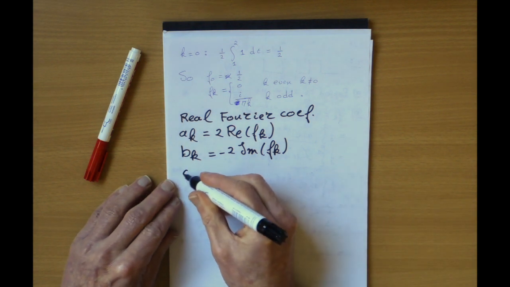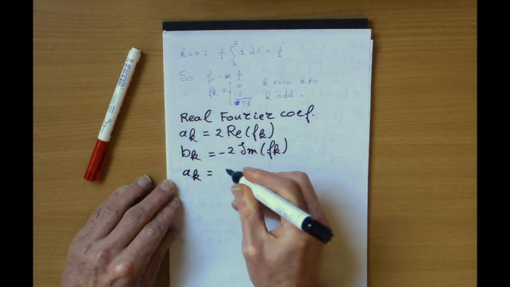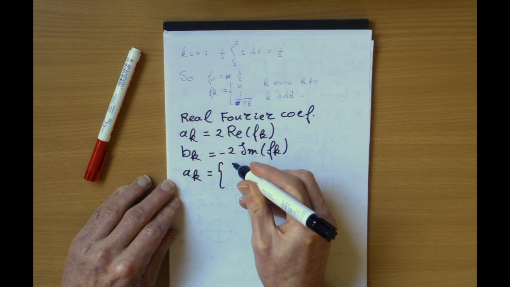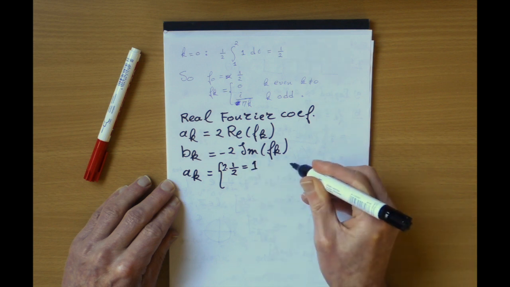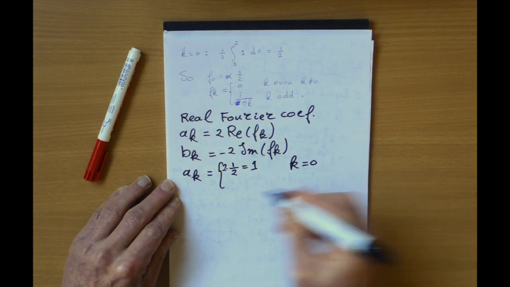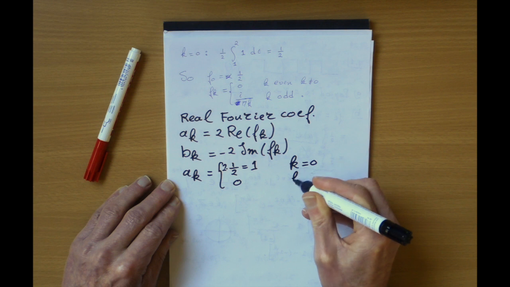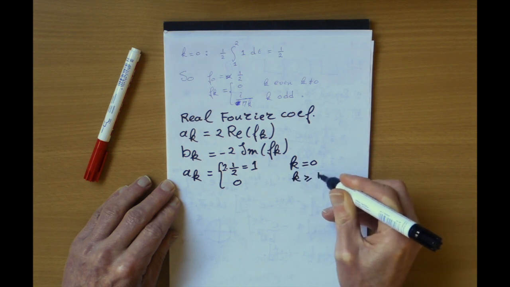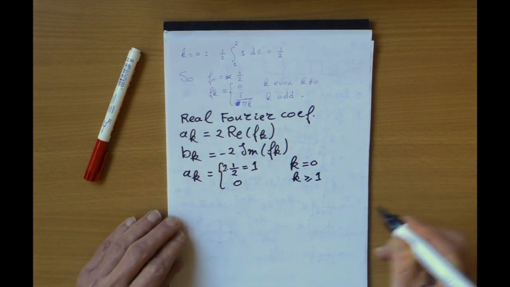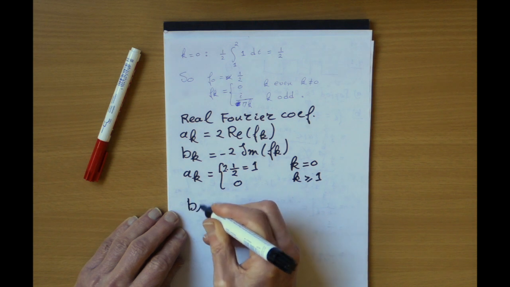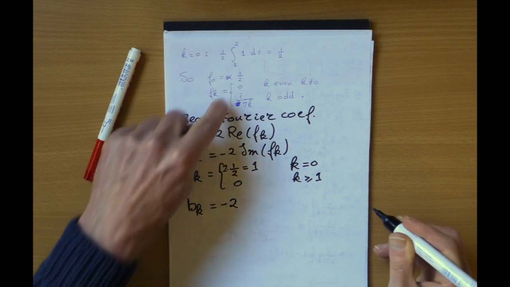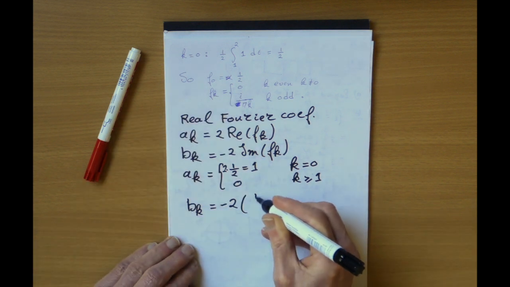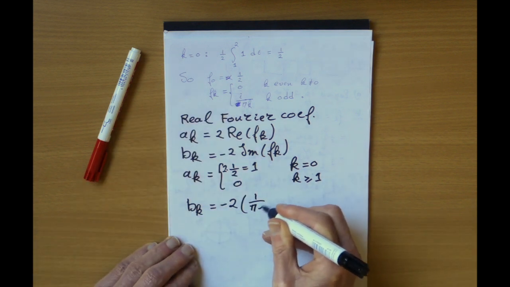So we have that A_k is half times 2, which is 1, if k is 0, and 0 if k is greater than or equal to 1. Now for B_k, it is minus 2 times the imaginary part, so that's 1 divided by pi k.